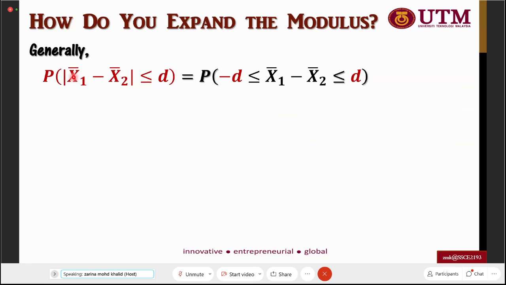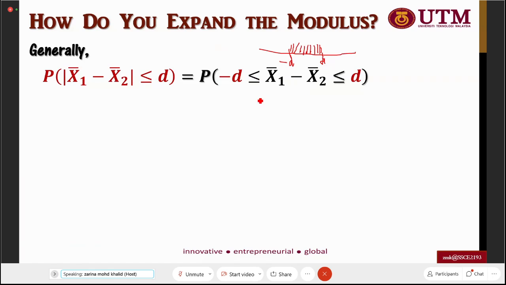So if you have this negative d and d, you're talking about this area, from negative d to d.